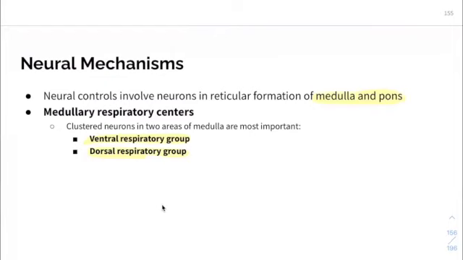The dorsal respiratory group used to be called the inspiratory area, while the ventral respiratory group used to be called the expiratory area. So the names they used to be called tell you pretty well what they do.